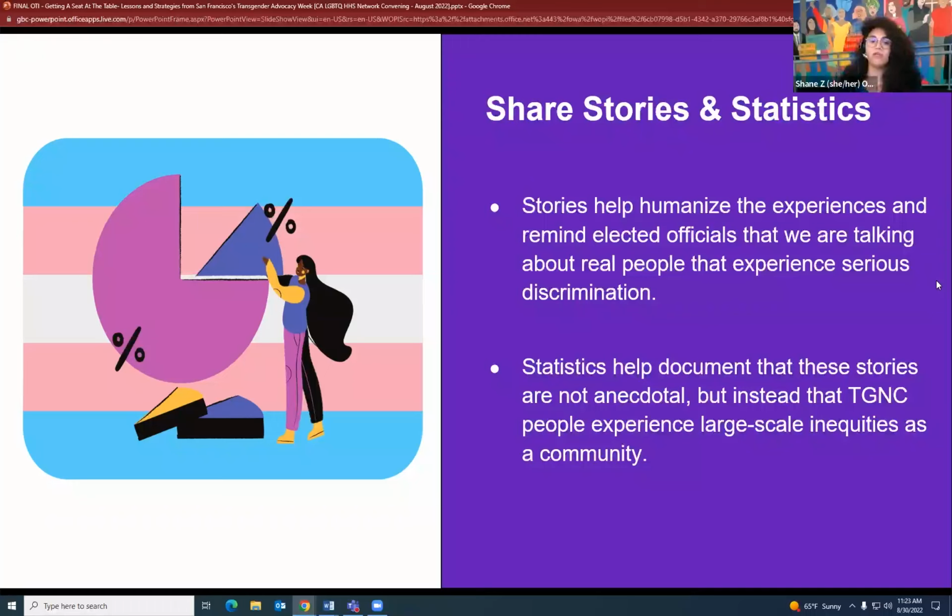And so what we do with the story piece is to really have a conversation about how those experiences influence the lives we get to have. And so for us, that was a really big focal point when we're sharing these stories. And yes, the reality is data helps as well. Because if they're just hearing one person, of course, we can humanize that.